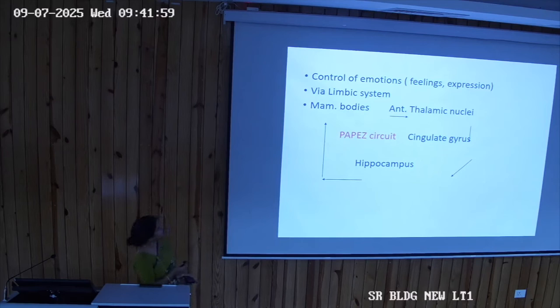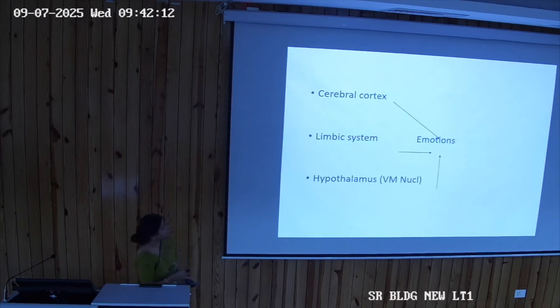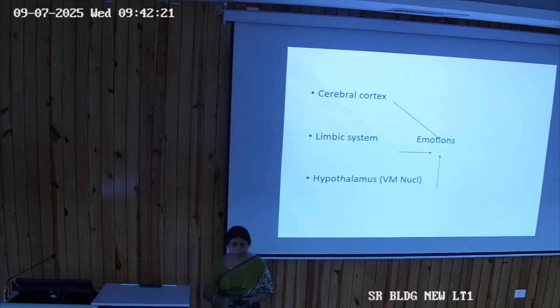So control of emotions, feeling, expression via the limbic system, memory, body, anterior thalamic nucleus, cingulate gyrus, hippocampus, and again the hypothalamus. Emotions: cerebral cortex, limbic system, hypothalamus, or ventromedial nucleus. Now, what are the functions of the limbic system?